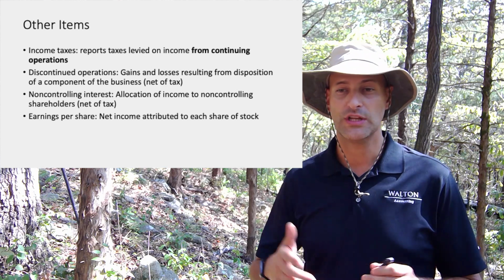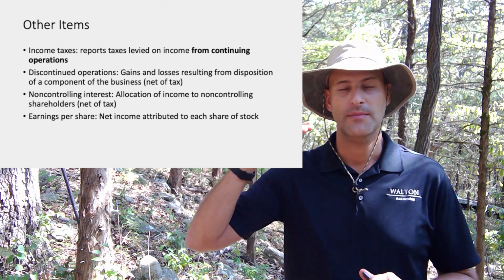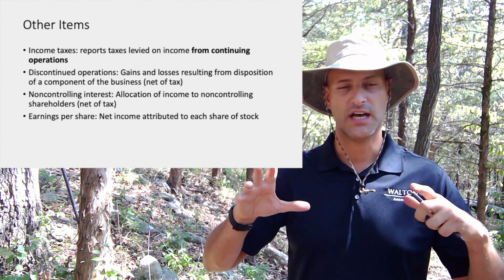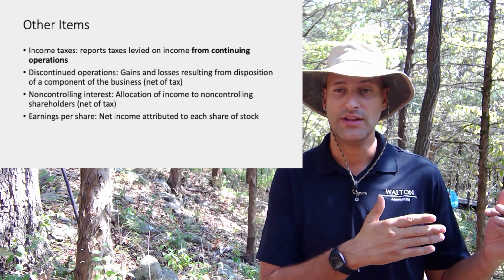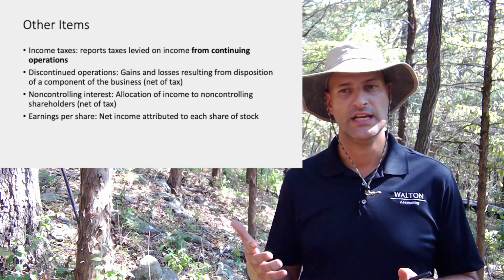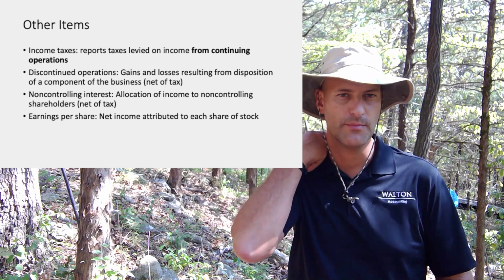So non-controlling interests get reported essentially after net income, consolidated net income. So on a consolidated income statement, we have consolidated net income, and then we subtract out income or loss associated with non-controlling interests or minority interest holders, depending on the terminology used by the company.